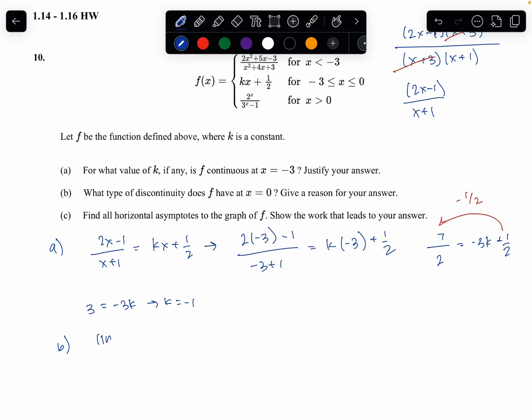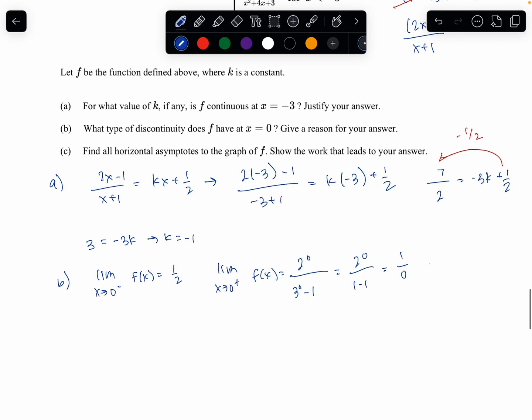So I know that the limit as x approaches 0 from the left of f of x is going to be equal to 1/2. The limit as x approaches 0 from the right of f of x is going to be equal to, so if I plug in 0 here, I'm going to get 2 to the 0 over 3 to the 0 minus 1. So then I get 2 to the 0 over 1 minus 1. So I get 1 over 0. That's definitely going to be an asymptote.